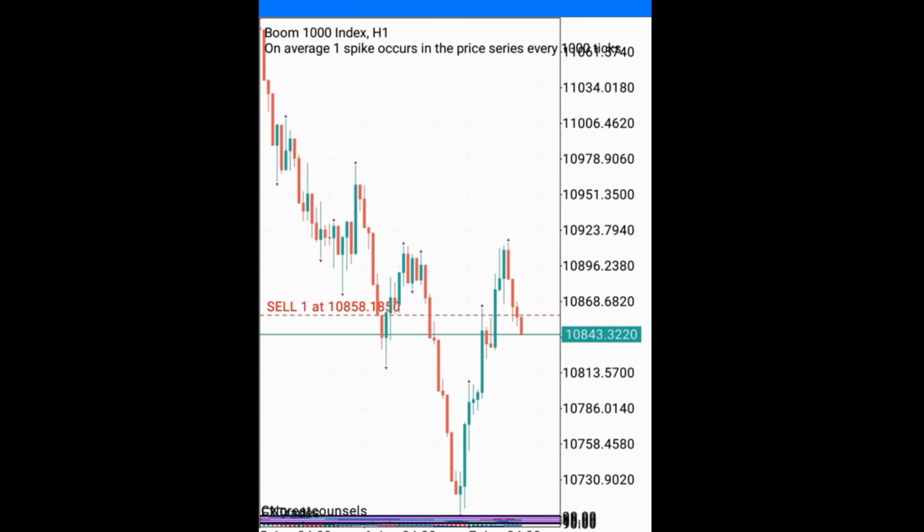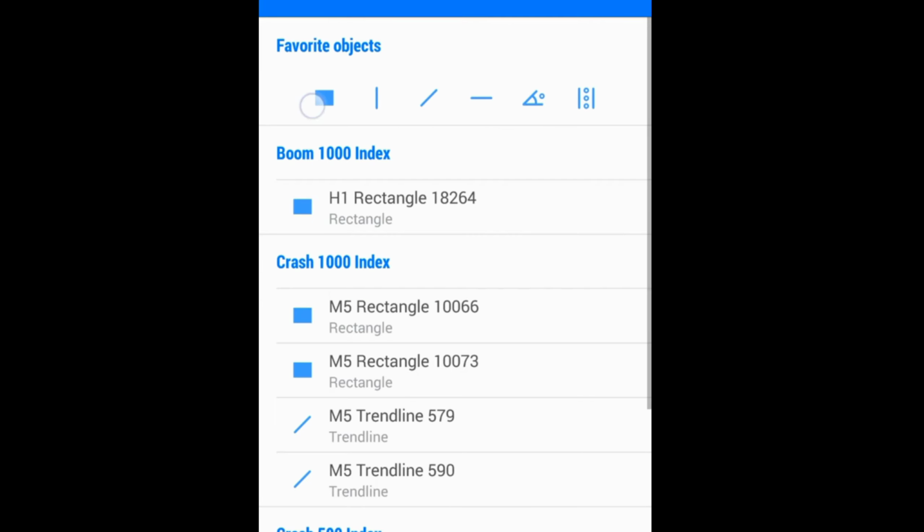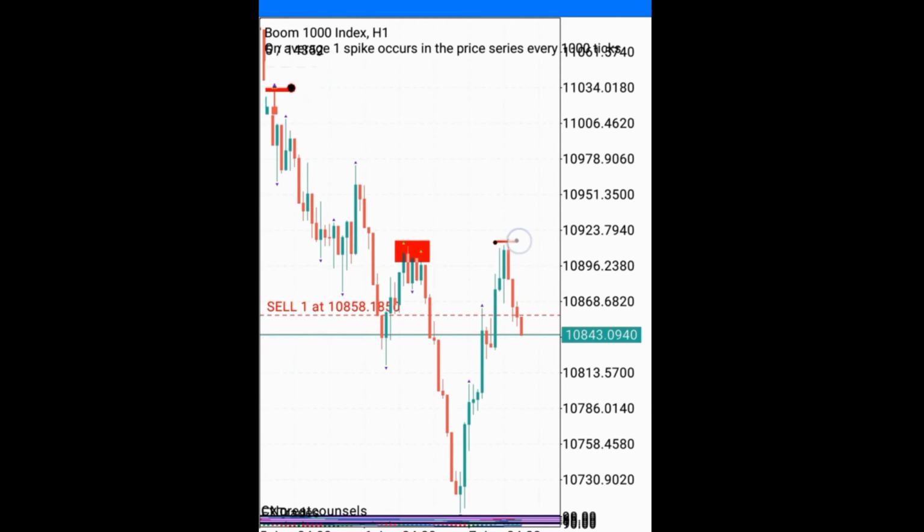So we want to start by identifying the two extended and similar peaks of similar width and height, and we want to put a rectangle just to identify these peaks. And also note that the distance between peaks should not be too small, just as you can see from the one we are trading right now.